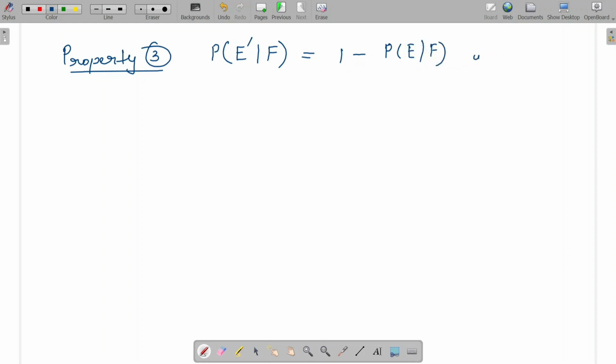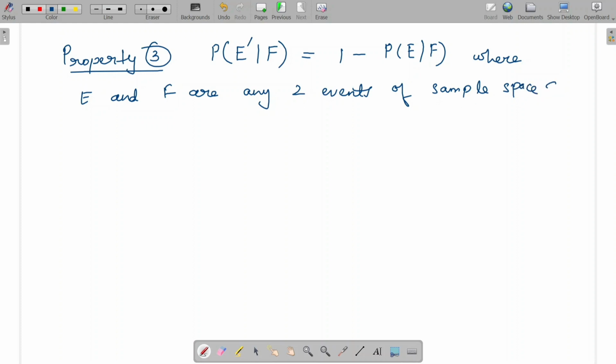Okay, where E and F are any two events of sample space S, and such that probability of F is not equal to 0. Okay, also this we will take, probability of F is not equal to 0.